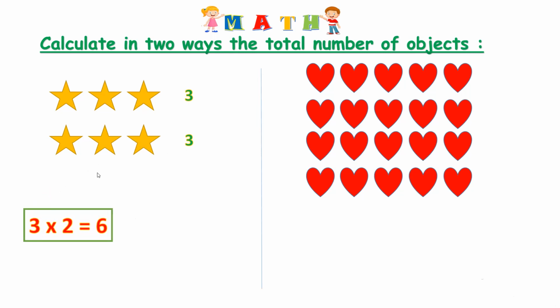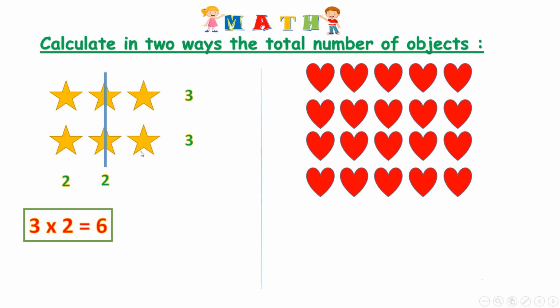Great. Now, if I want to calculate the same number of stars in another way, I will count now the stars vertically. Now, let's start with the first column, 1, 2. So here's the first 2, the next column, 1, 2, another 2, the last column, 1, 2.